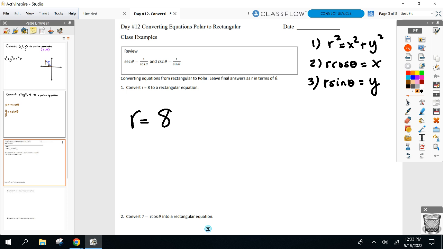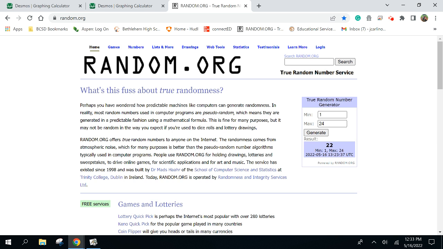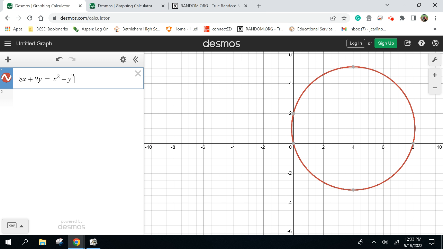Open up 2 Desmos tabs, D-E-S-M-O-S. First tab, make sure it's a rectangular grid.